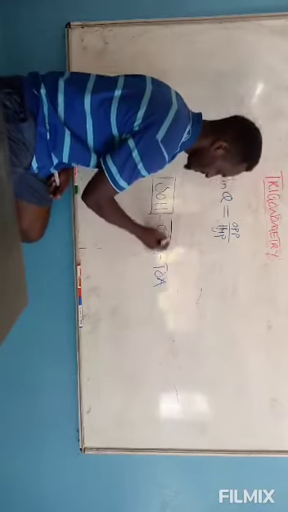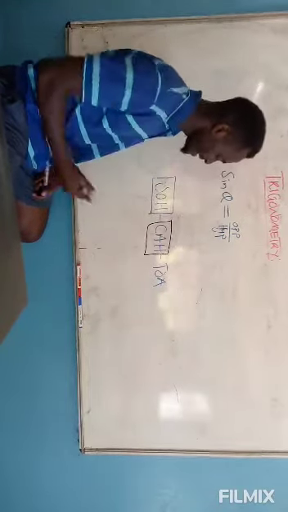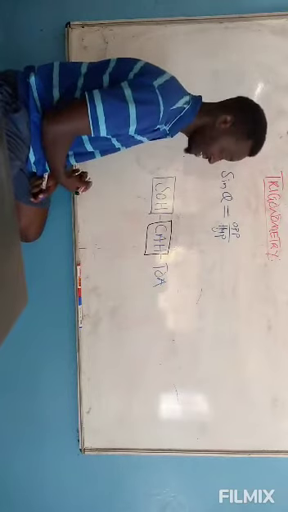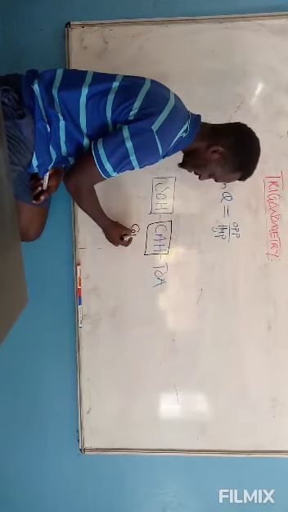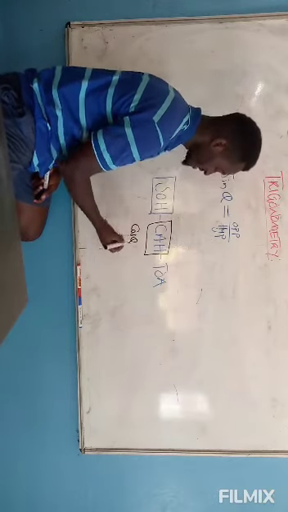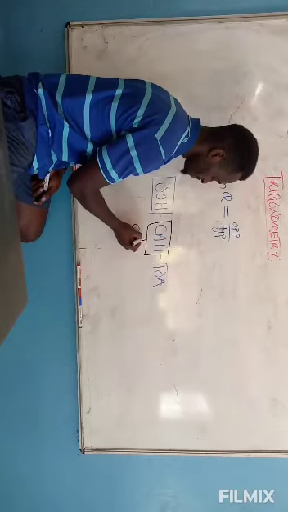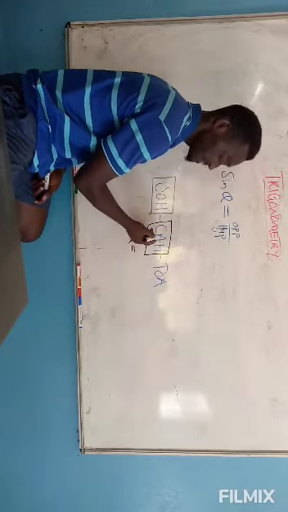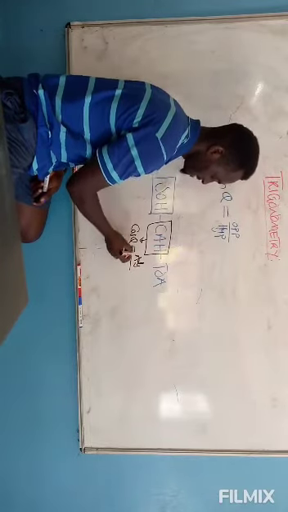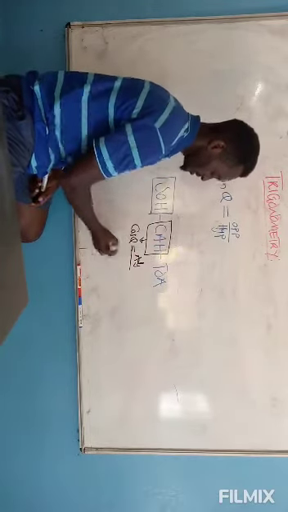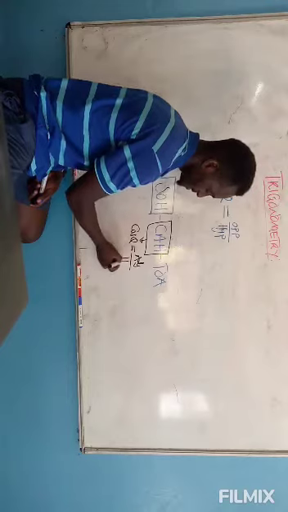Now, let's move on to the other one. CAH. CAH is cosine. The letter C is cosine. So say cos theta, which is the angle given, is equal to, the first letter is A, which is adjacent, over the second letter is H, which is hypotenuse.